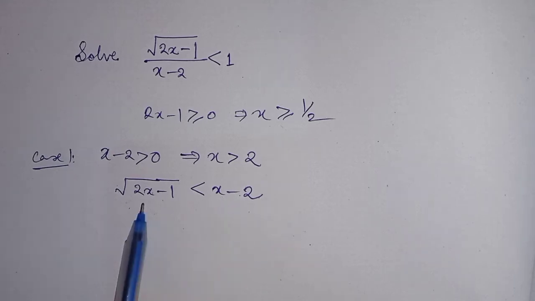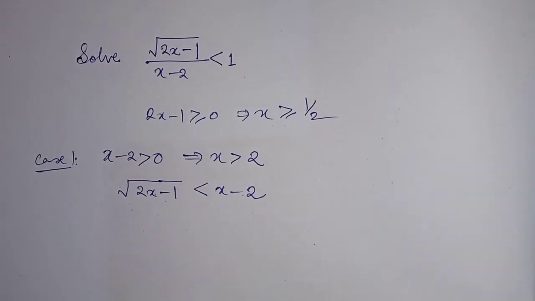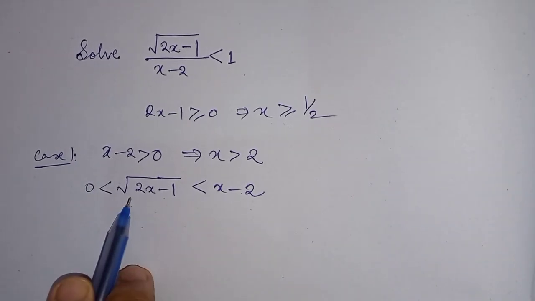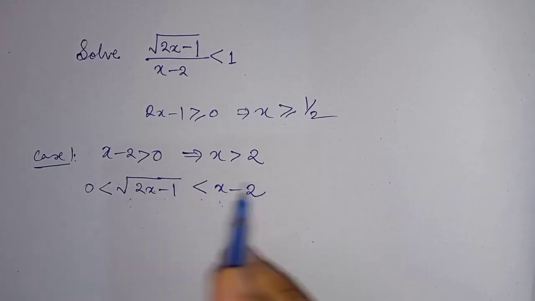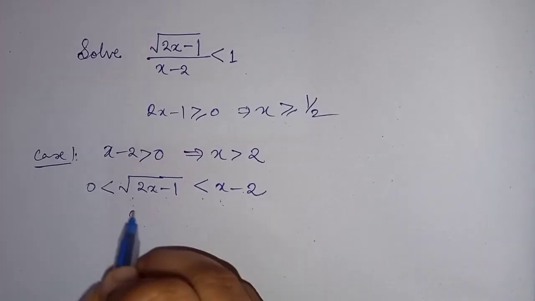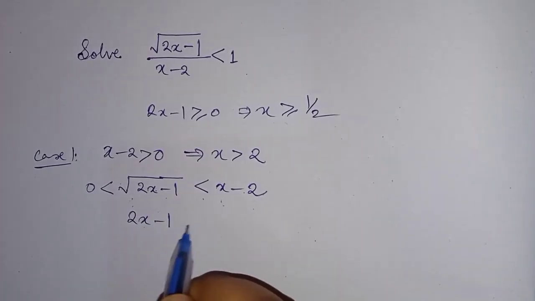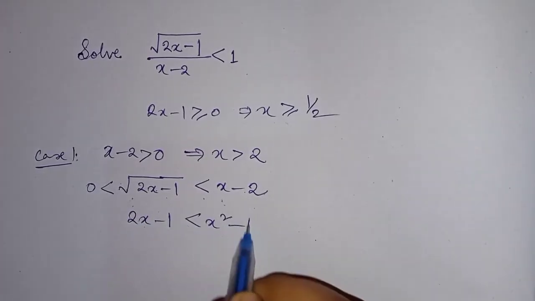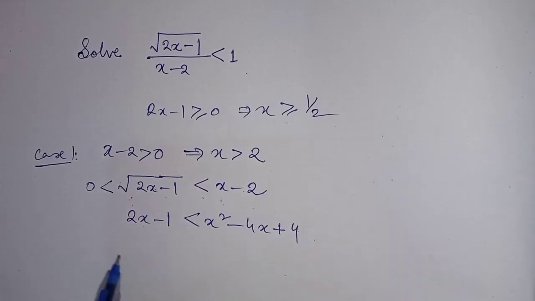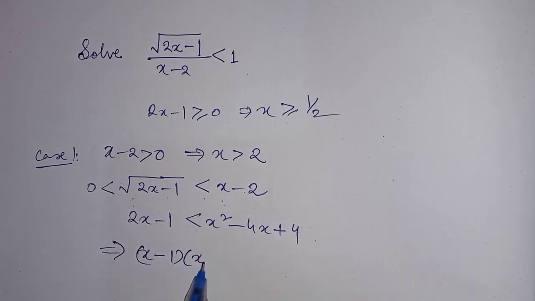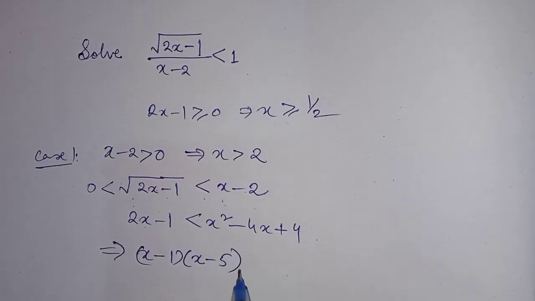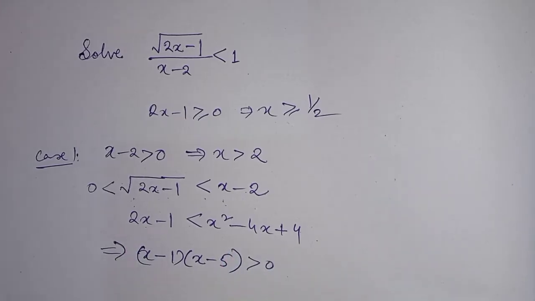Since this number is greater than a positive number, this number is eventually positive. Right, and since both of them are positive, we can square both sides of this inequality. So squaring both sides and simplifying, we will get that x minus 1 into x minus 5 is greater than or equal to 0.